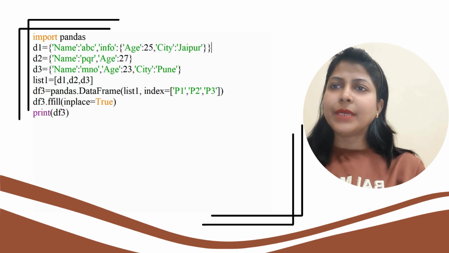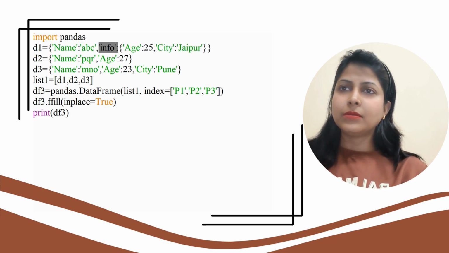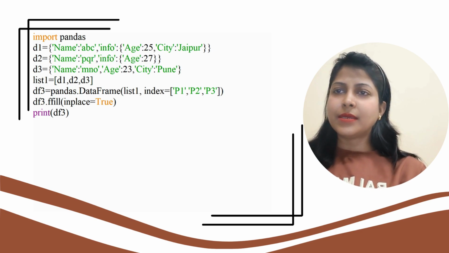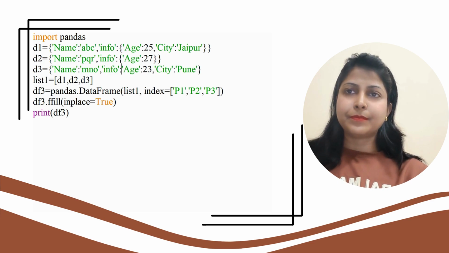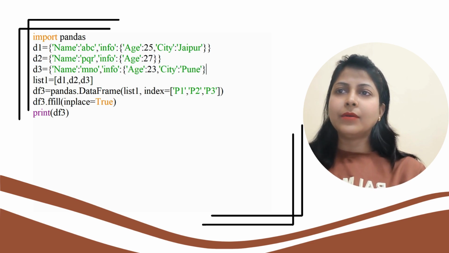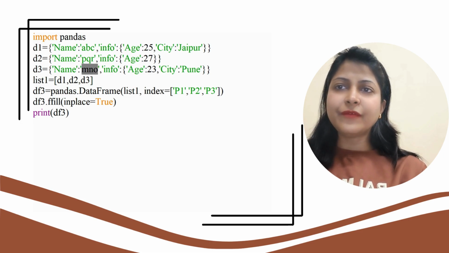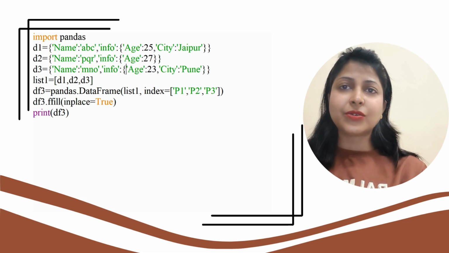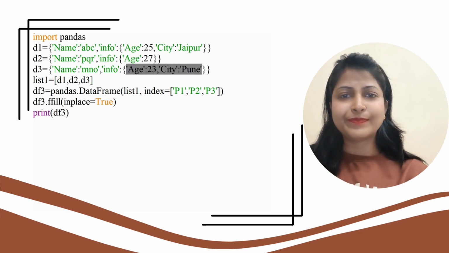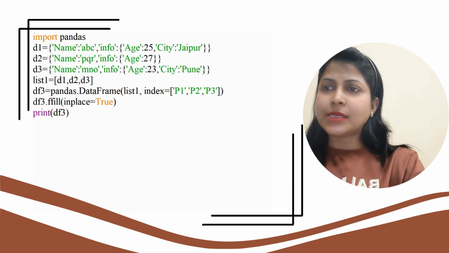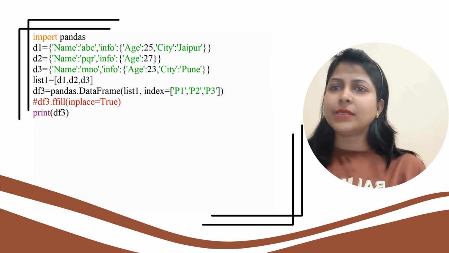Right, so let me convert in all. Okay, so that means name is my key, MNO is my value, and here info is my key, and this complete dictionary is behaving like a value, right? So let me just work upon it and let me mark it as a comment.